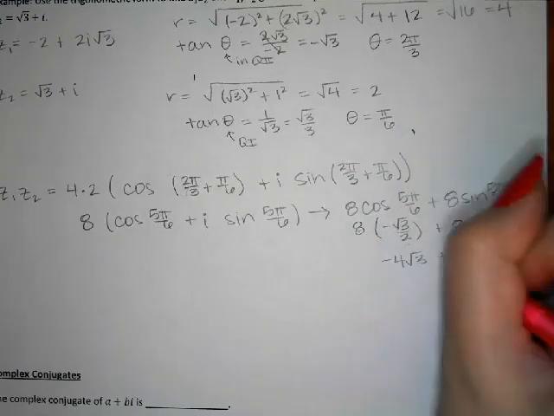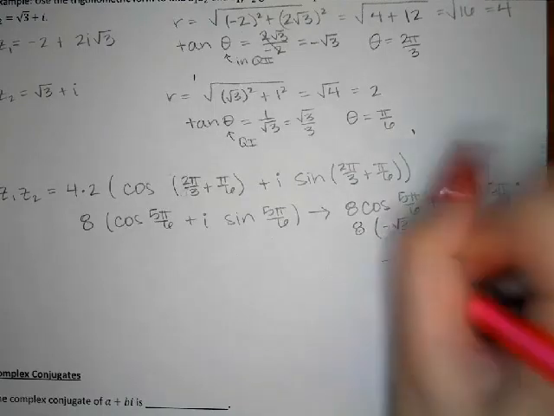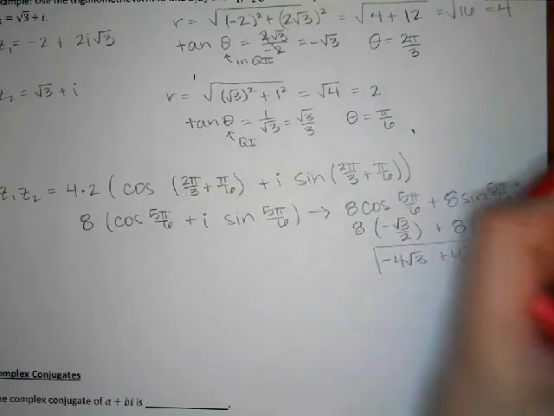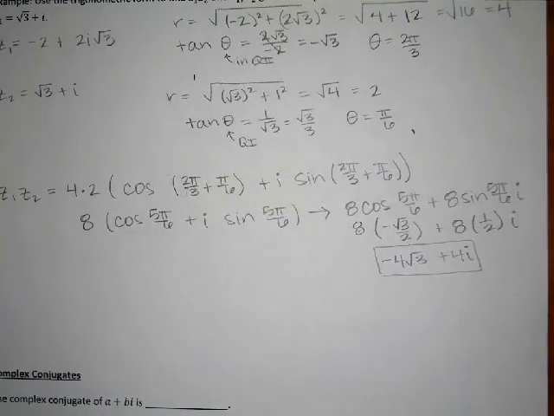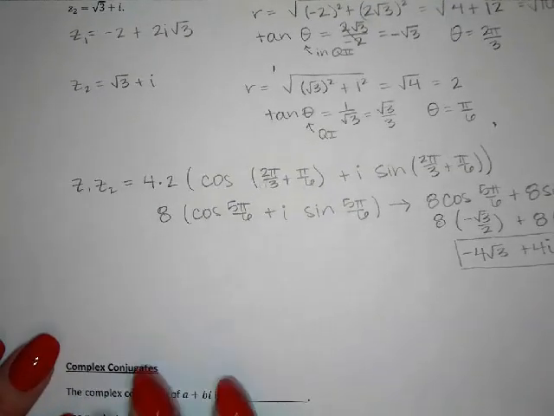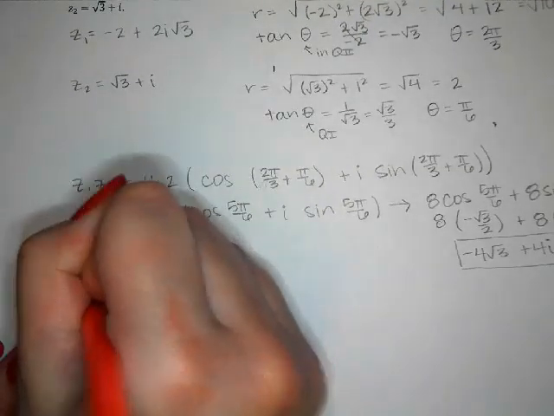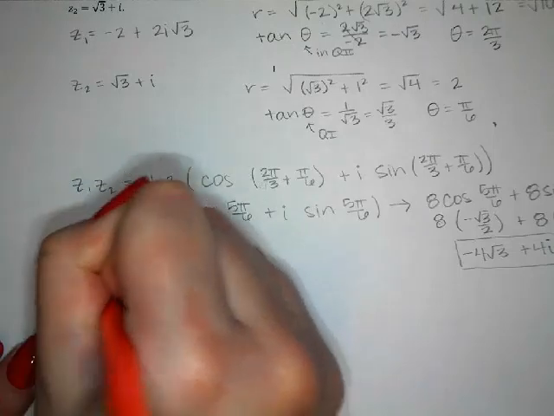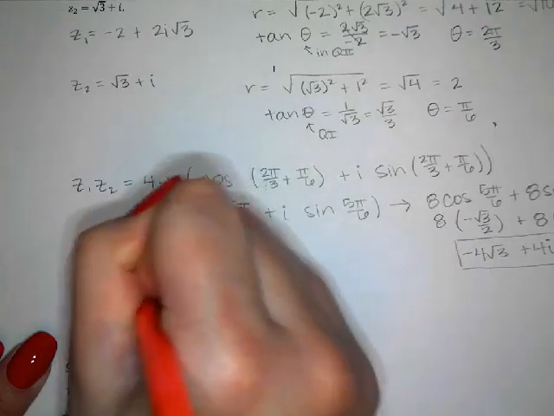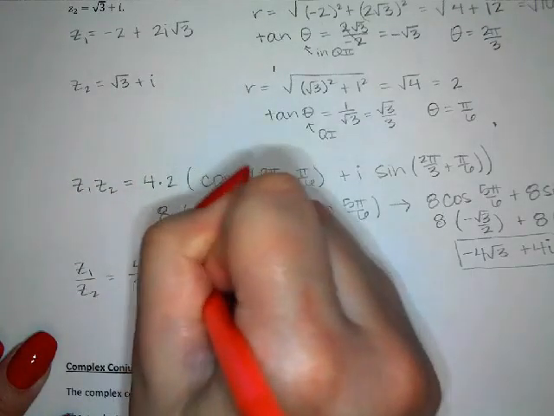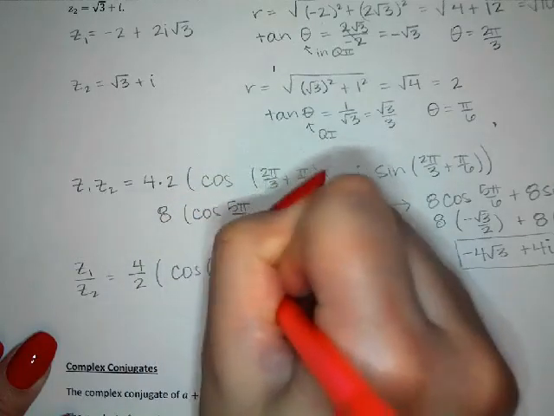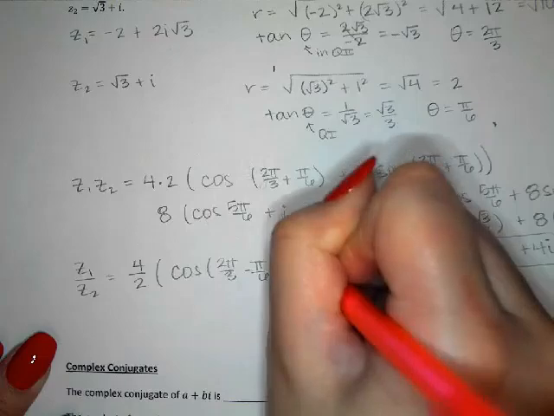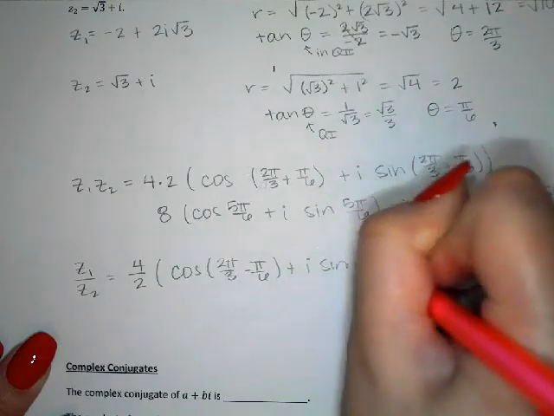And now we just have to do the quotient. So 4 divided by 2, cos 2 pi thirds minus pi over 6. So there's our quotient. And now I'm just going to simplify what I have.